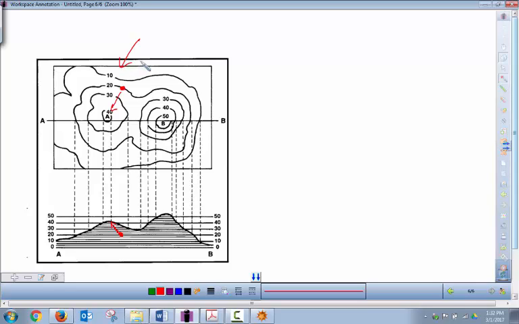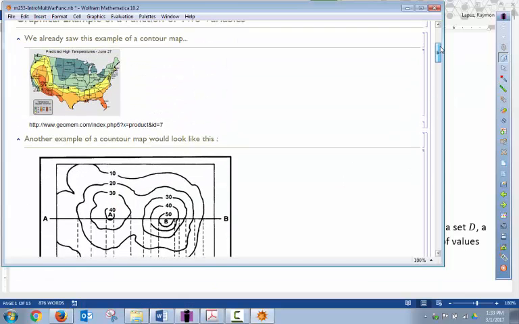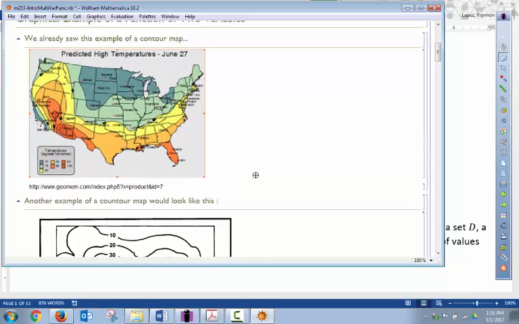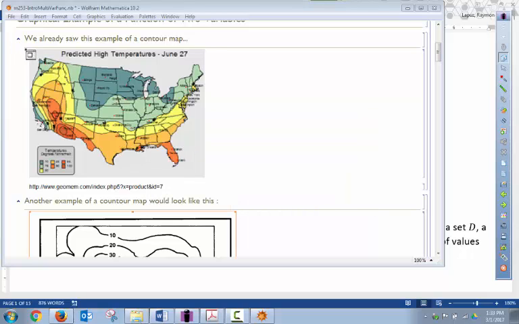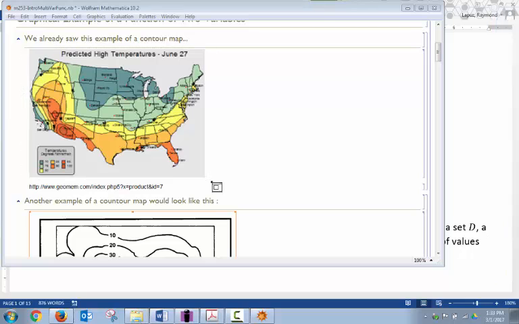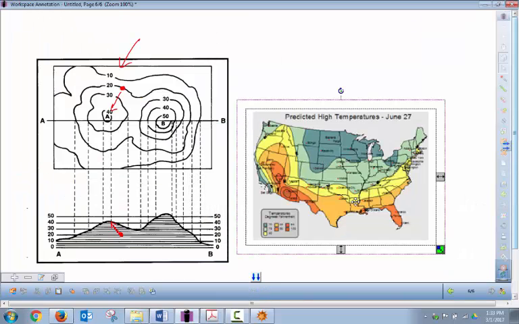Now, contour maps are not necessarily restricted to just the height. I saw this picture of the United States. So this is temperature. So maybe your function is a function of temperature. And what we're seeing here is not necessarily lines.